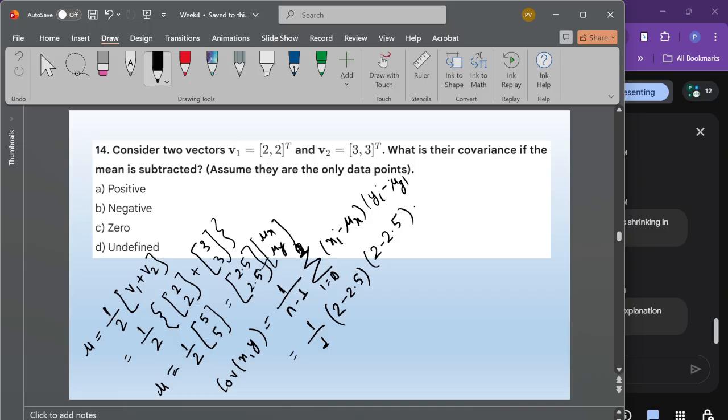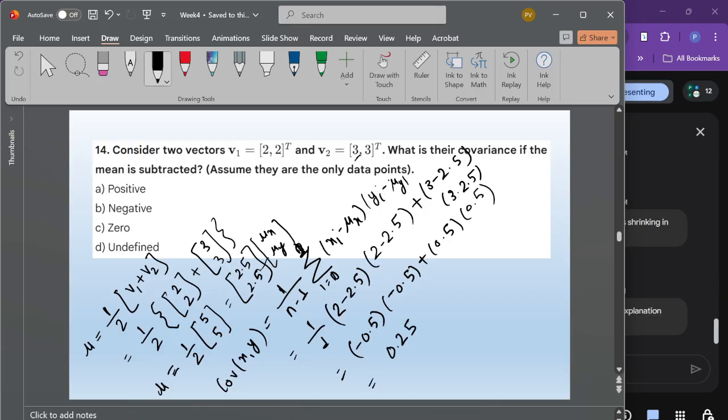Then you add the next vector values for mu y, 3 minus 2.5 times 3 minus 2.5, if you open the summation. Here you will get minus 0.5 into minus 0.5 plus 0.5 into 0.5, so 0.25 and 0.25. Adding them, you get 0.5.